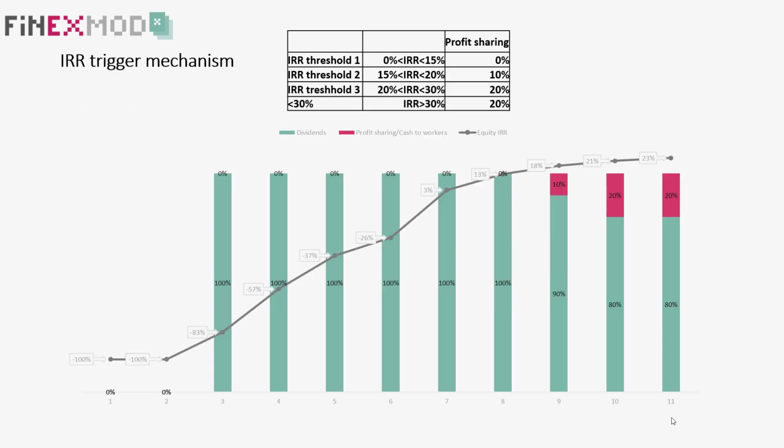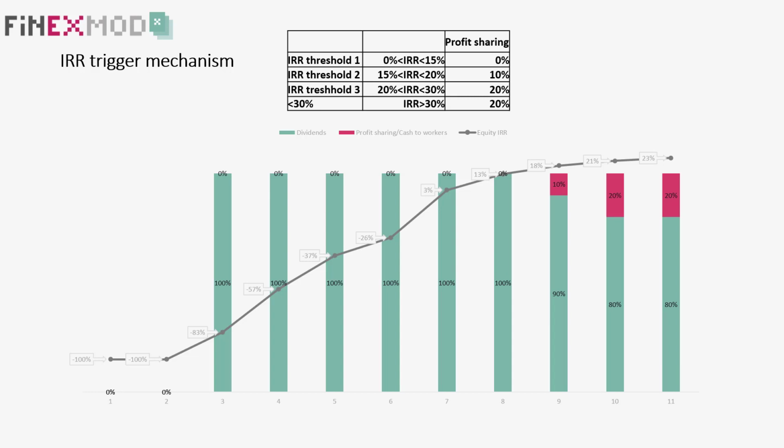Let's say there is a profit-sharing formula that says the definition of IRR threshold 1 is that at any point in time, if the equity IRR is less than 15%, then the profit-sharing mechanism does not apply. This means that 15% is the minimum equity requirement from the owners, or it's their cost of capital plus their margin.